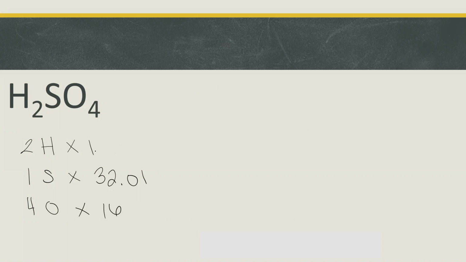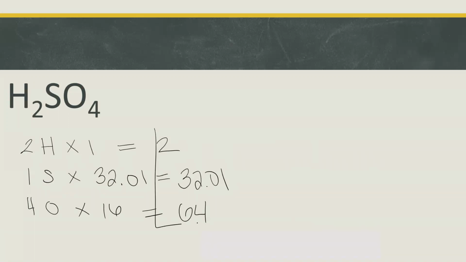So I'm saying that 1 hydrogen has a mass of about 1, one sulfur has a mass of about 32, and one oxygen has a mass of about 16. But then I need to take how many of those atoms are present times the actual mass. So 2 times 1 gives me a total mass of hydrogen of 2. 1 times 32.01 gives me a total mass of sulfur in this compound as 32.01. And 4 times 16 gives me 64, a total mass of oxygen in this compound of about 64.